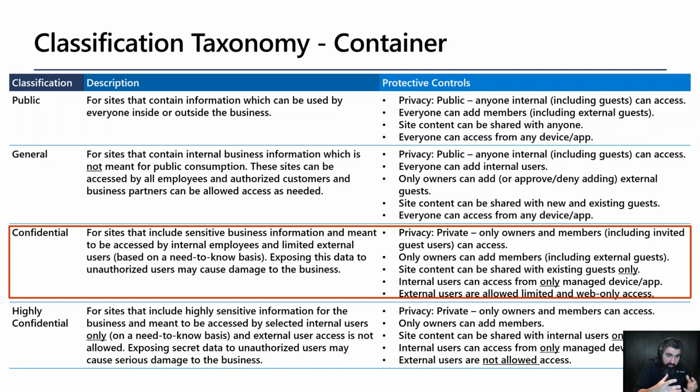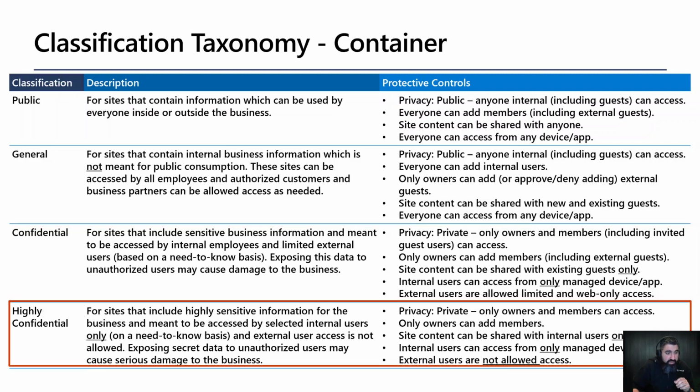If they are using the Teams application or a Windows application, or even the phone or mobile, they cannot access this sort of site. They have to go through the web browser only, because we can apply heaps of controls like limiting the download, limiting the print screen, etc., through the browser. So this is one of the methodologies or controls that we can apply to protect this confidential information.